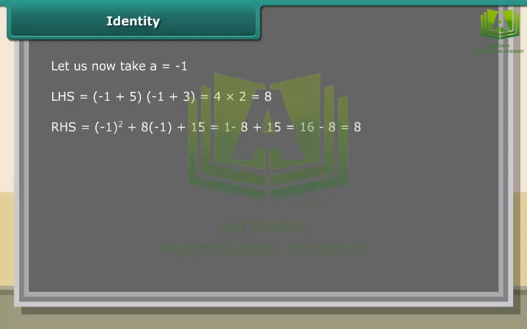RHS is equal to minus 1 square plus 8 into minus 1 plus 15, which is equal to 1 minus 8 plus 15, which is equal to 16 minus 8, which is equal to 8. For a is equal to minus 1, LHS is equal to RHS.